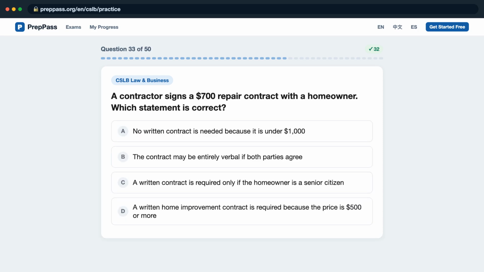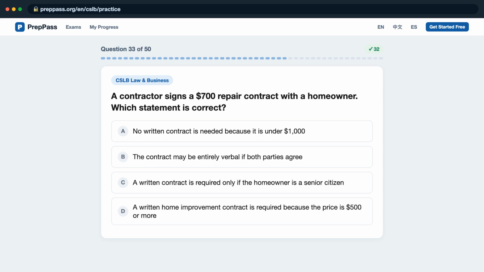Question 33. A contractor signs a $700 repair contract with a homeowner. Which statement is correct? Is it A, no written contract is needed because it is under $1,000? B, the contract may be entirely verbal if both parties agree? C, a written contract is required only if the homeowner is a senior citizen?